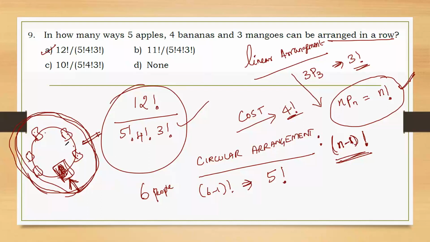Try the 10th one, give it a try. A family of 4 brothers and 3 sisters are to be arranged. For circular, it is n minus 1 factorial, but for linear, it is n factorial.